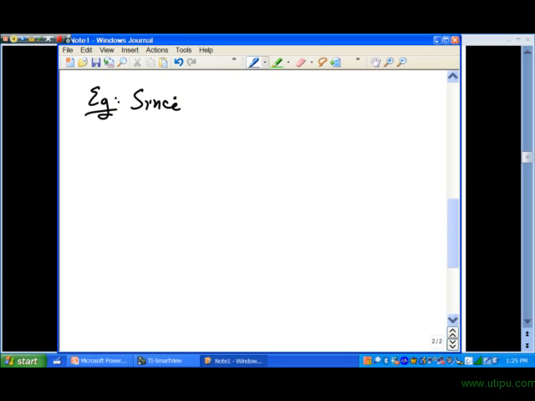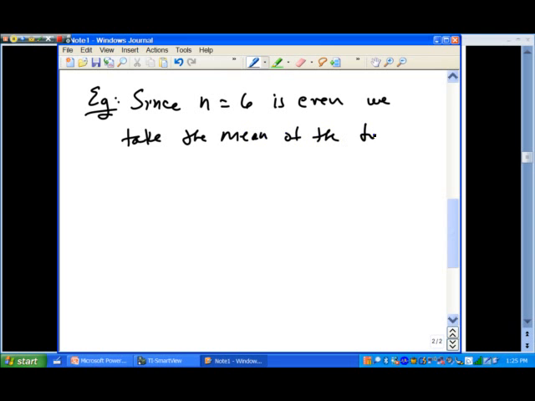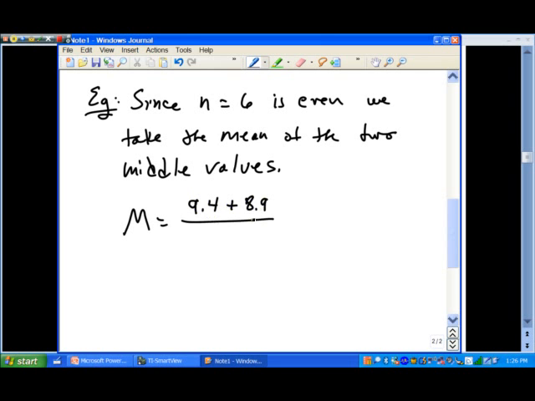Since the sample size, which in this case is 6, is even, we take the mean of the two middle values after the rank. In this case, they already are, so that's nice for us. So here we have 9.4 plus 8.9, so those are the third and fourth largest numbers. Divide that by 2, and we get 9.15.